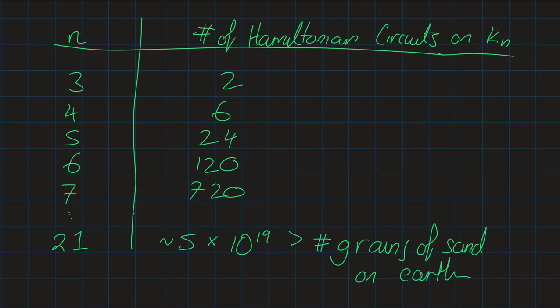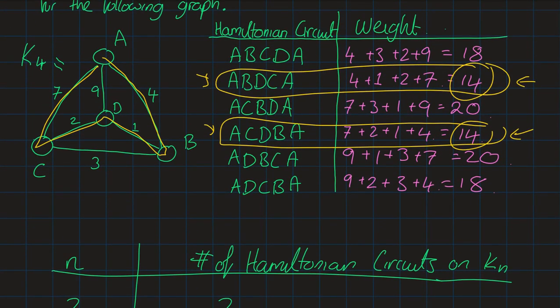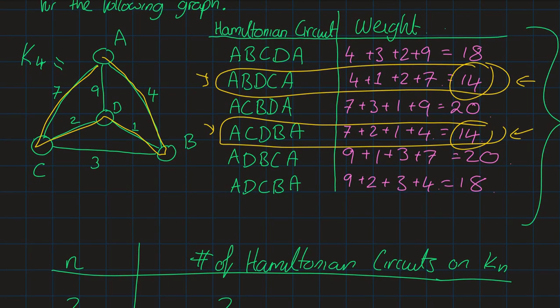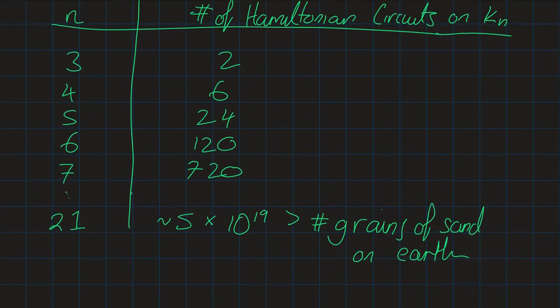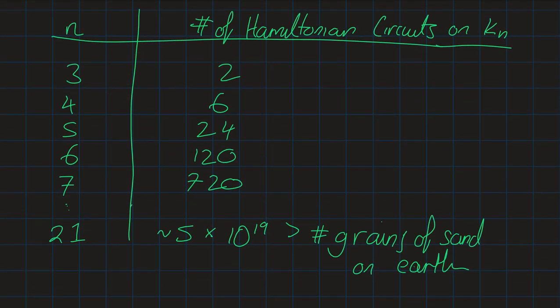So the number of Hamiltonian circuits quickly explodes as n increases. They get so many that it's completely impractical to try and solve the problem like this. To try and list every Hamiltonian circuit and calculate the weight of each and every one of them is completely unreasonable. Even with super fast computers, it's unreasonable to try and do that.